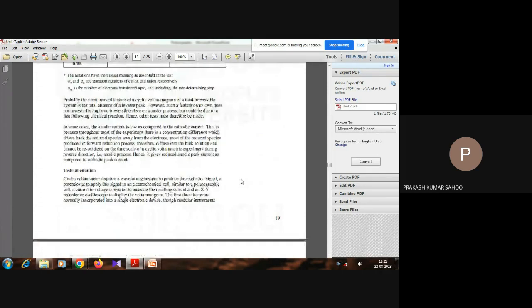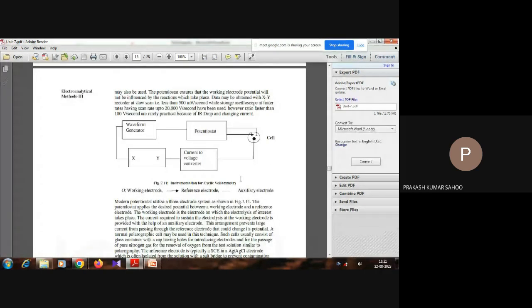Then we have the instrumentation part. In the instrumentation part of cyclic voltammetry, the cell is here, and this is the reference electrode, this is the working electrode, and this is the counter electrode. Three electrodes are here, and the reference electrode is generally a standard or saturated calomel electrode, or a saturated silver chloride electrode.